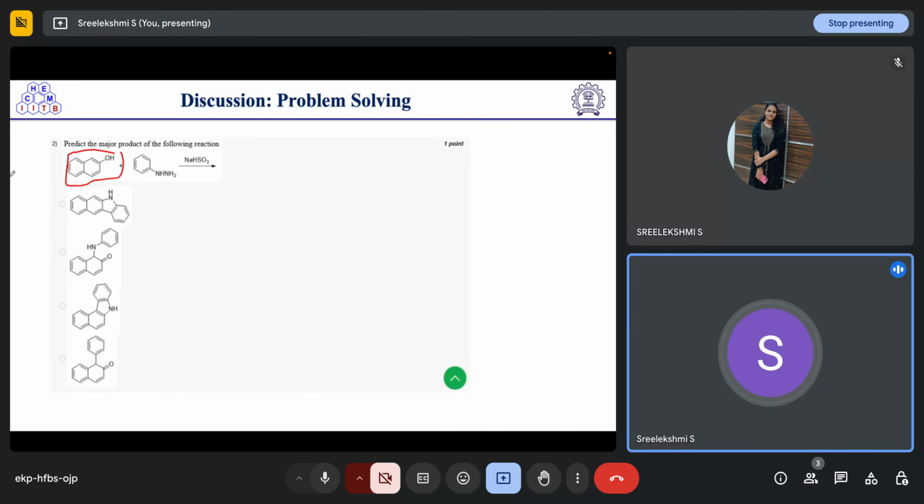So here what will happen is this corresponding imine will be forming with our hydrazine. So what is forming here will be this benzene ring.